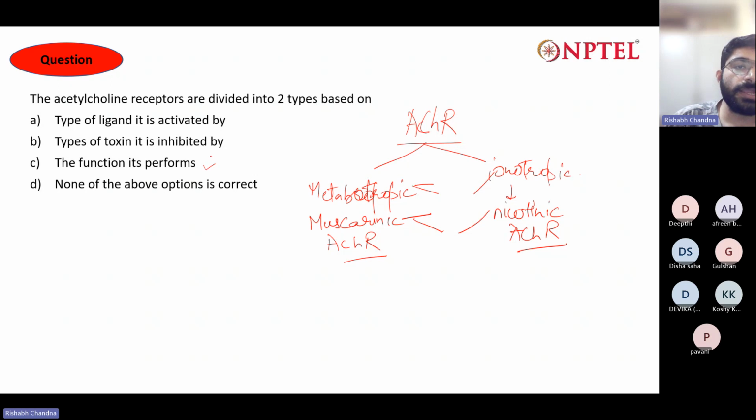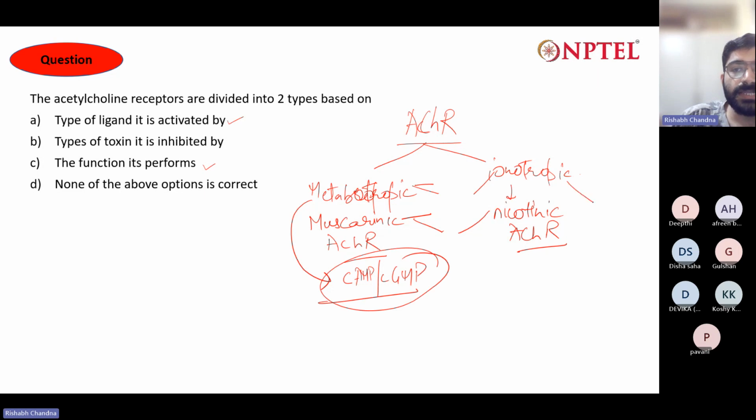So options A and C both can be correct in this case. And in the case of metabotropic receptors, the downstream signaling is the cAMP or cGMP pathway. Okay, this comes in the metabolic profile of the body.